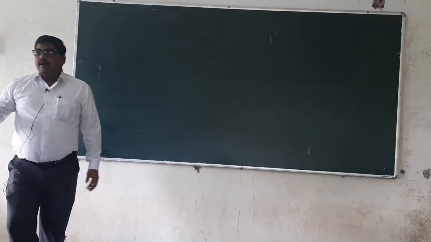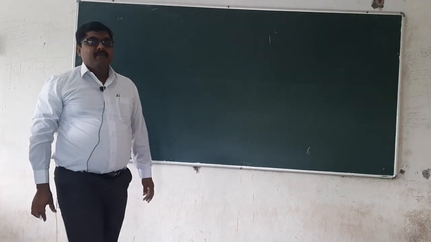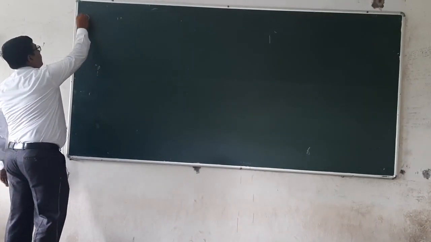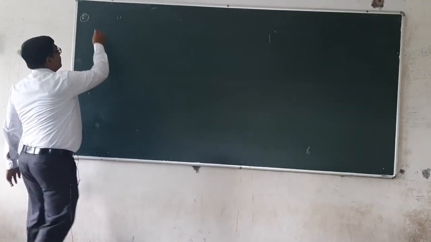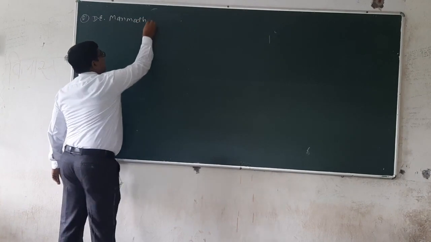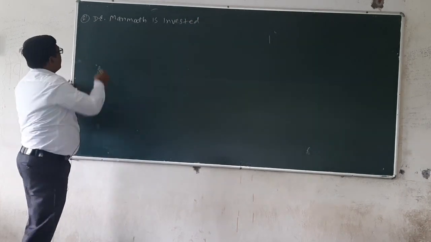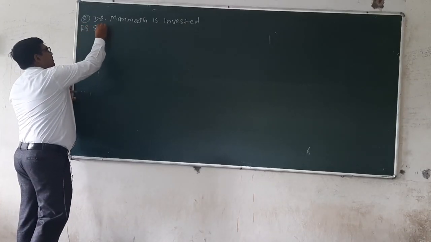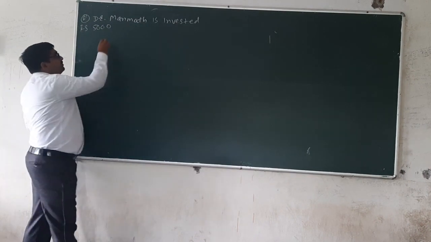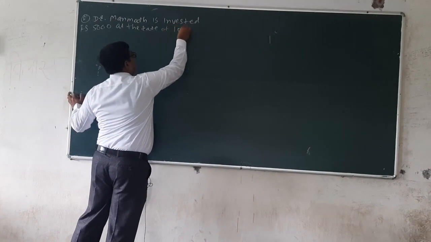Now come to the next chapter, problem. Dr. Manmath invested rupees 5,000 at the rate of 10% per annum.